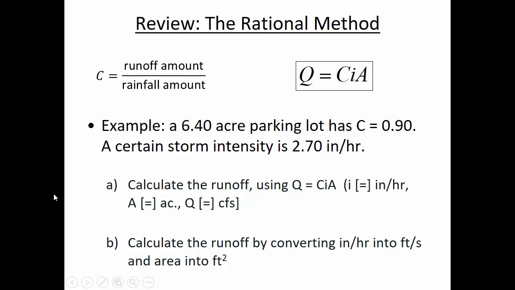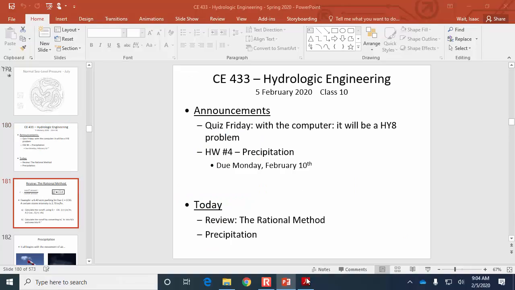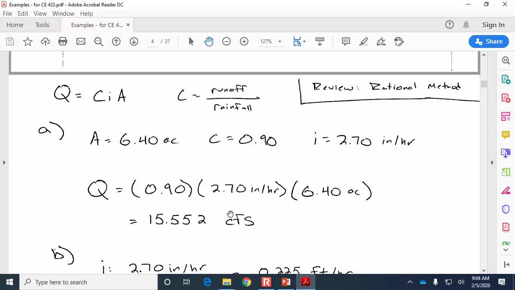If you've got your calculator, just multiply 0.9 by 6.4 and multiply that by 2.7. What is our peak runoff in cubic feet per second? 15.55 CFS. Okay.